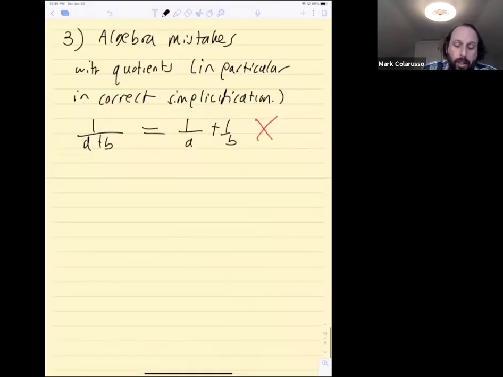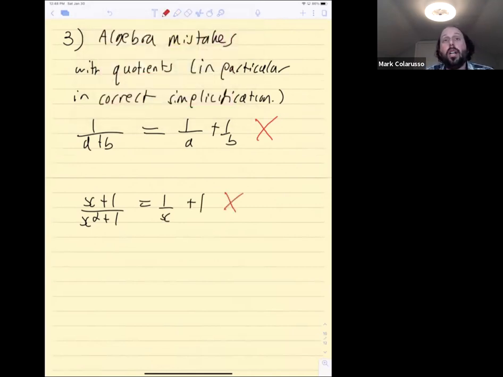And to some extent, along the same lines, something like this equals 1 over x plus 1. So breaking up denominators, when you cannot. Remember, to add fractions, you need a common denominator. So 1 over a plus b does not split up into 1 over a plus 1 over b. And something like this does not split up into x over x squared plus 1, which is that.